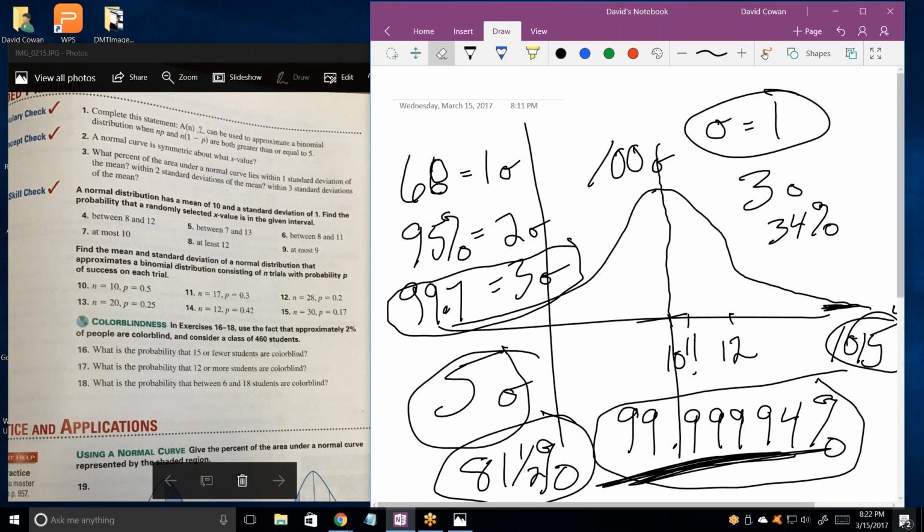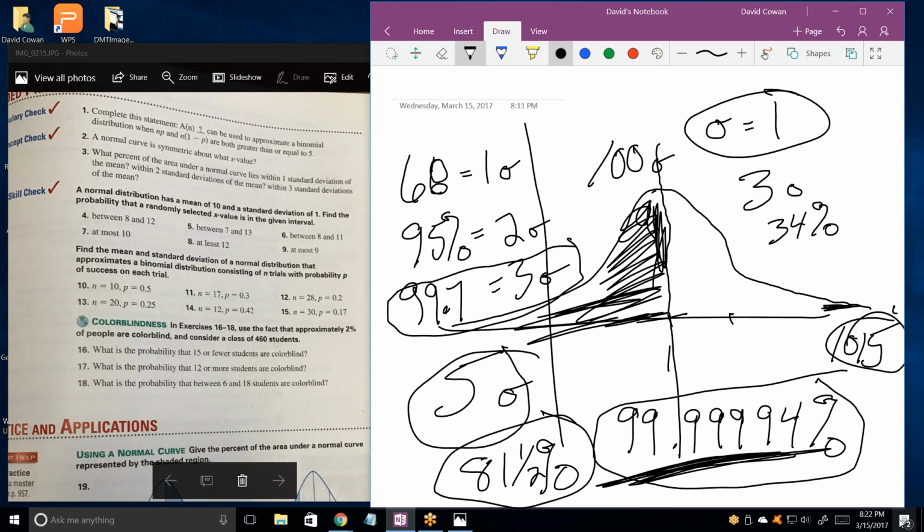At most 10. They're talking about that entire area, right? In other words, any number up to 10. If the whole area under the curve is 1, how much of the area are we looking at?